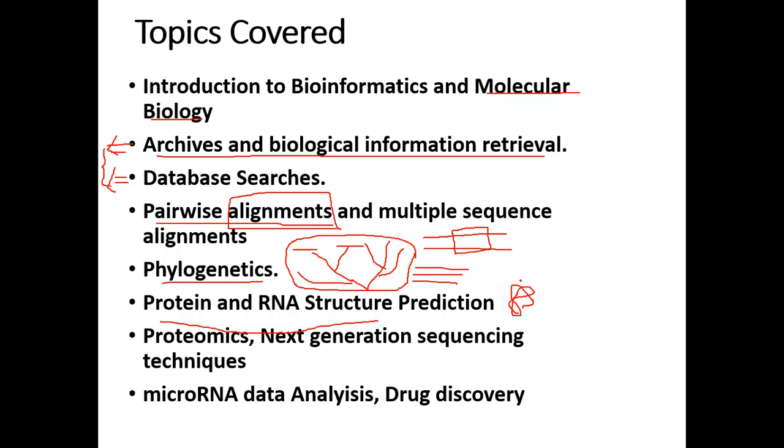It's a chain of amino acids. So how these amino acids are combined with one another, and after they combine, they fold into different patterns like this. So this folding can be predicted using computational tools. So what are the methods available and how these methods are implemented would be discussed under this topic.